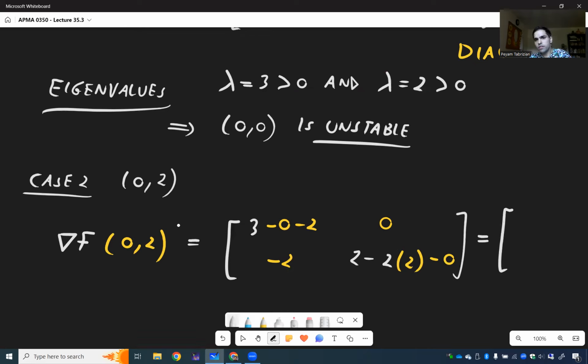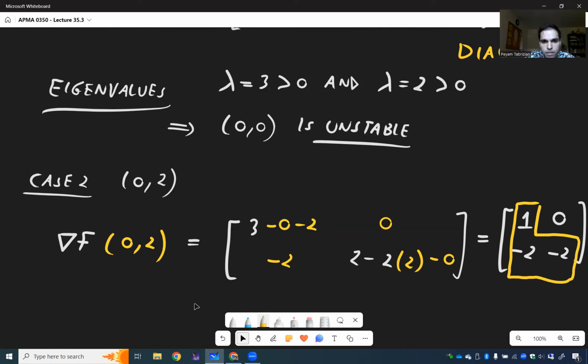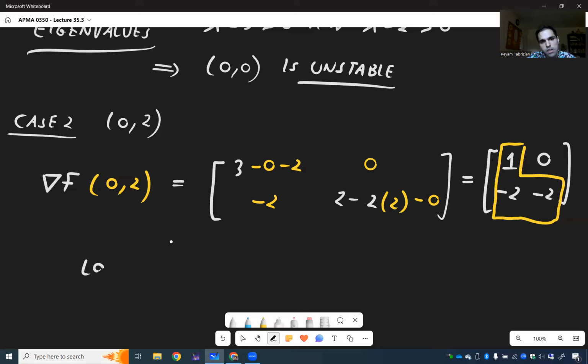Which becomes [1, 0; -2, -2]. You can do the determinant trick, and if you don't know any linear algebra, I recommend it. But it turns out this matrix here is what's called lower triangular.